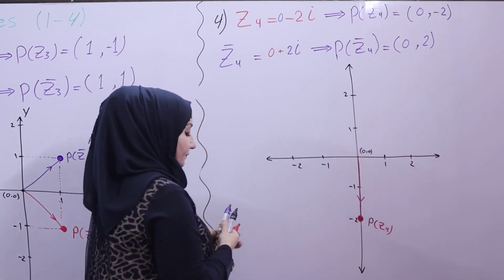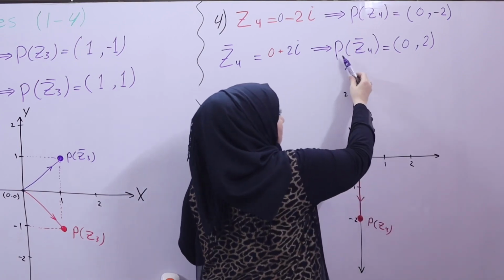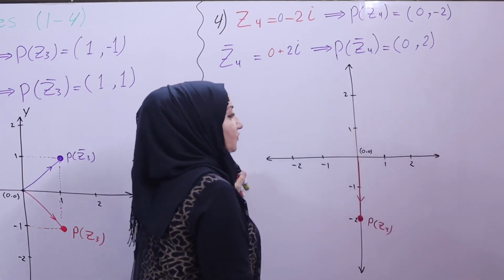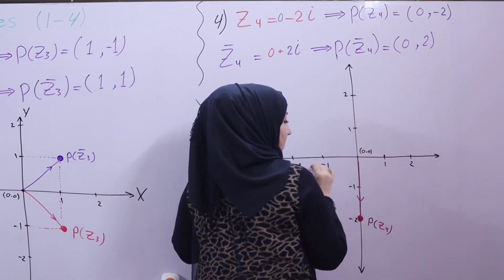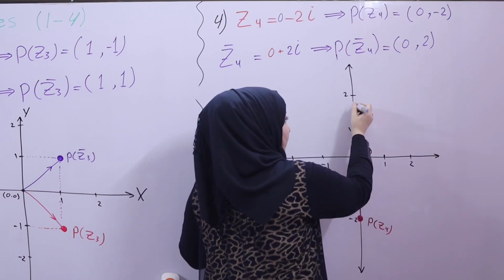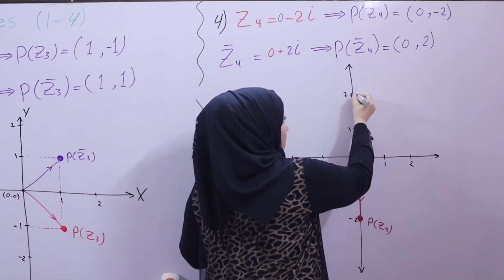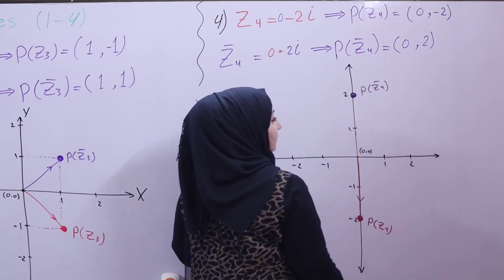And now we will represent the second ordered pair, which represents the point of the conjugate of Z4. The x coordinate is 0, so I stay here. And the y coordinate is positive 2. Here is positive 2. So this is the point which represents the conjugate of Z4.